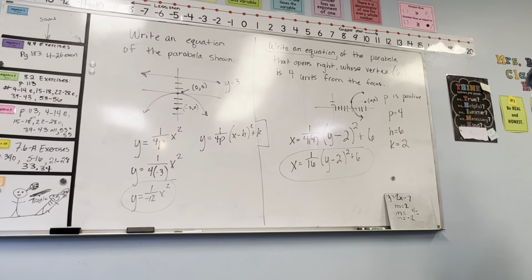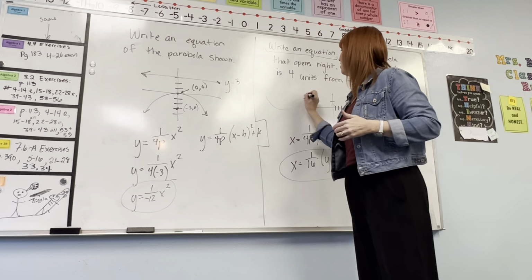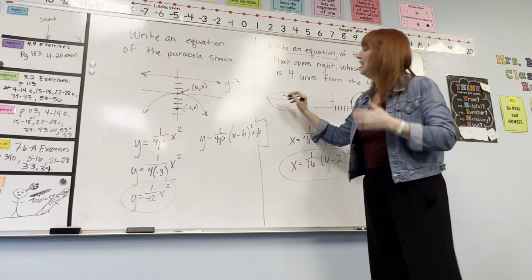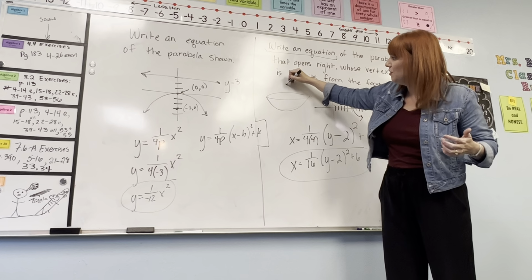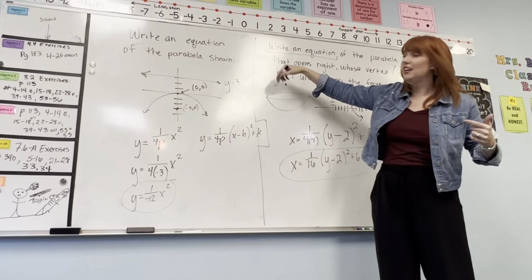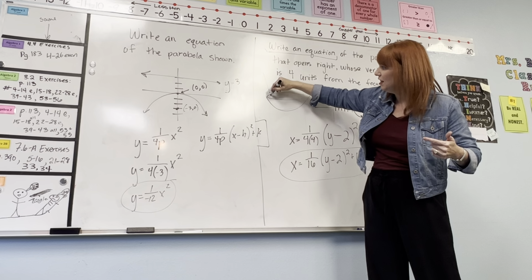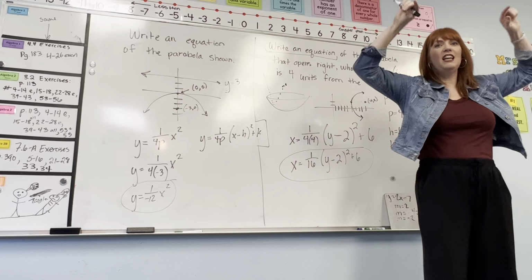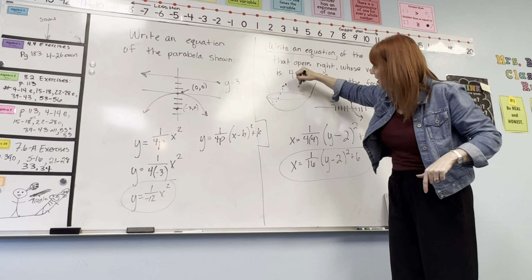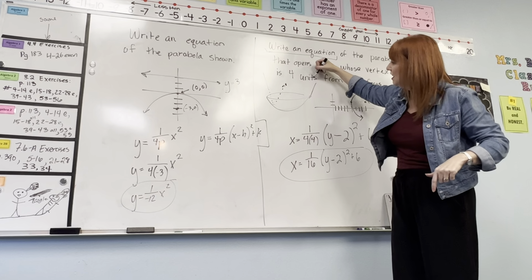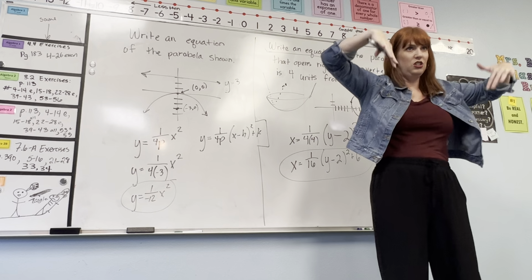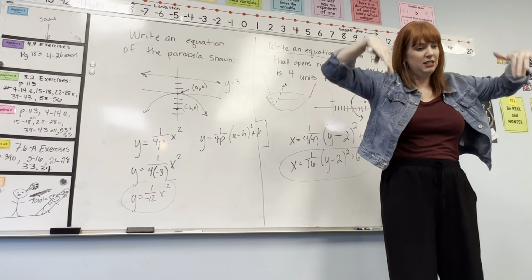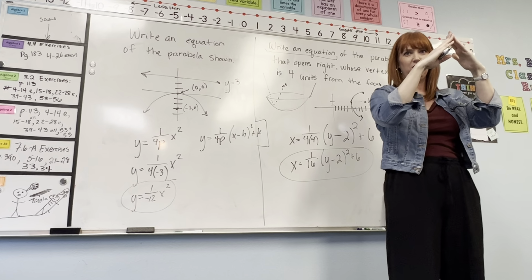So anything that comes in here, light, sound, anything, bounces back to the focus. Anywhere it hits this parabola, it all bounces straight to the focus. Which is kind of cool.